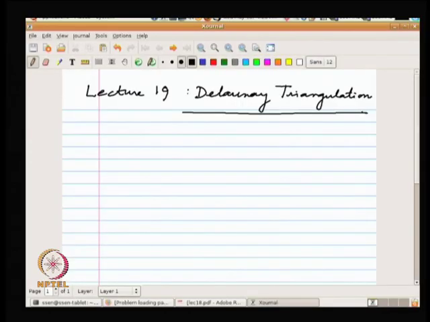So, in the last lecture, Professor Agarwal discussed the relationship between convex hulls and Voronoi diagrams, and there is also a close connection with the Delaunay triangulation, namely that if you look at the paraboloid transform, you take a set of points on the plane and you lift them to the paraboloid, let us say from the two-dimensional plane to the three-dimensional space onto the paraboloid, so the points are projected vertically onto the paraboloid.